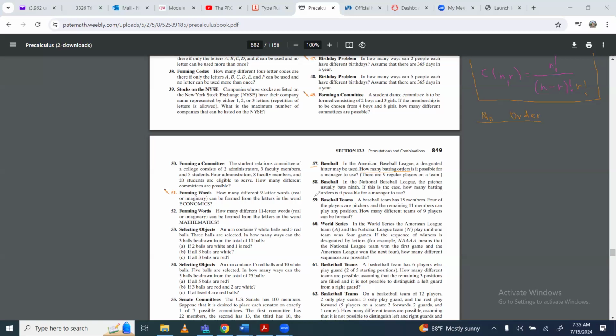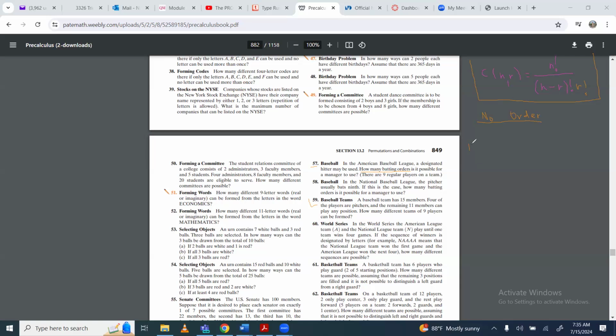Whenever they say order, they clearly spell that out. But for example, 59 looks like here they don't really give you any information about the ordering, so why don't I try that one?